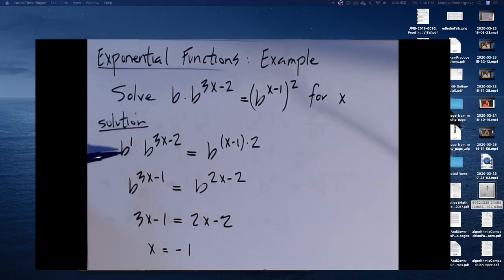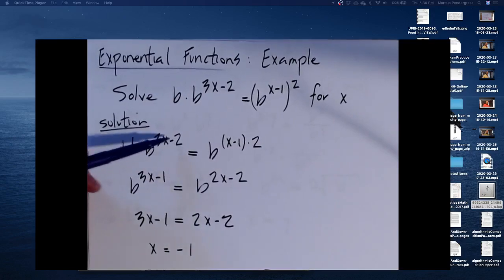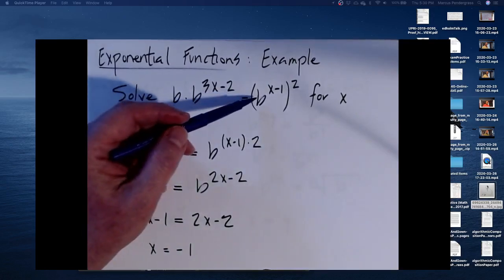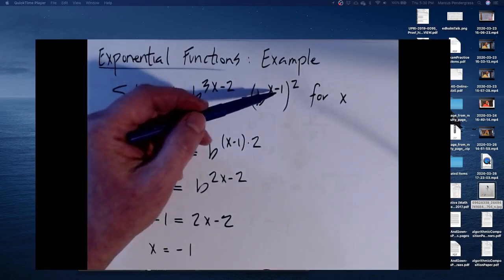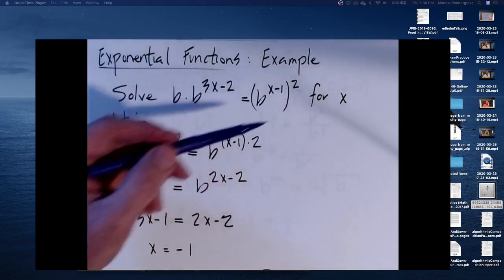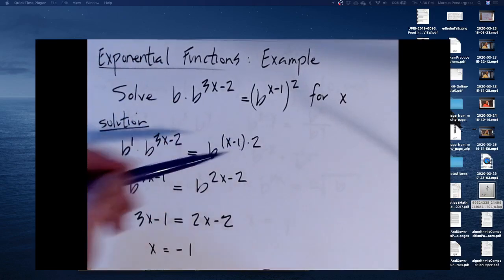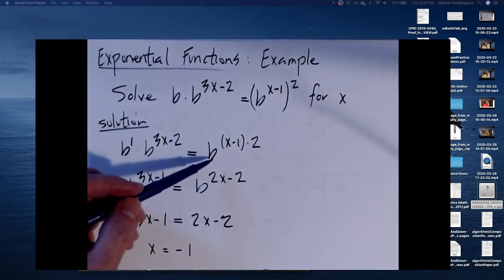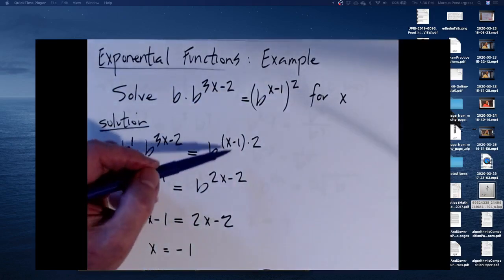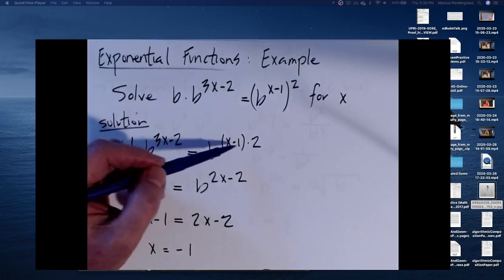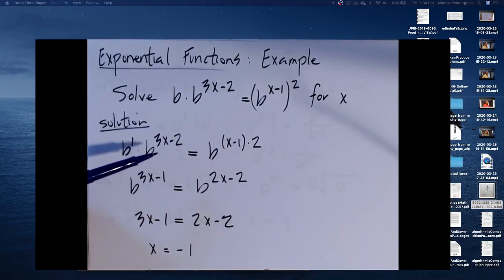So b I can just write as b to the first power times b to the 3x minus 2. And then over here on the right hand side, I've used that property that says b to the x raised to the y is the same as b to the x times y. So that's what you see here. B to the x minus 1, squared, is the same as b to the power x minus 1 times 2.